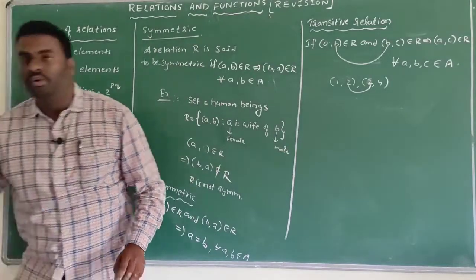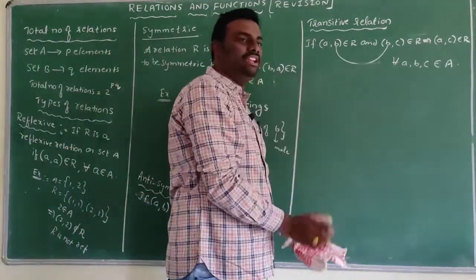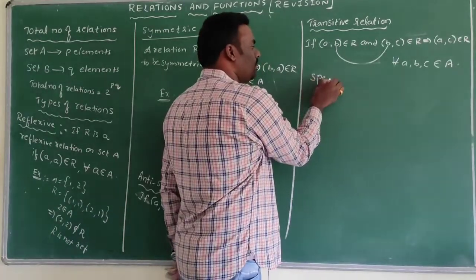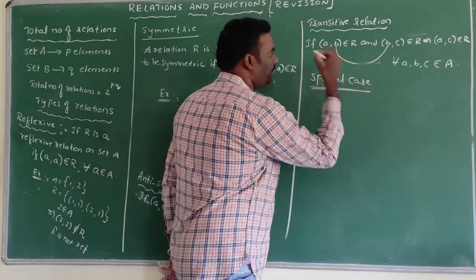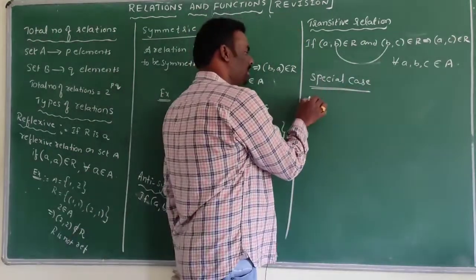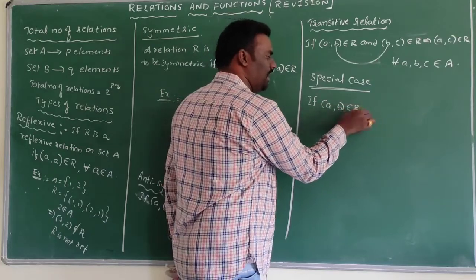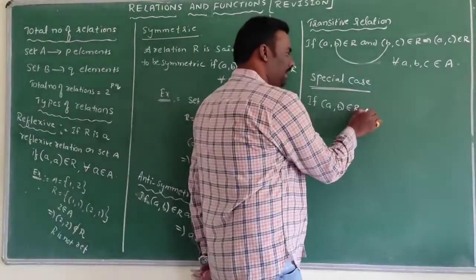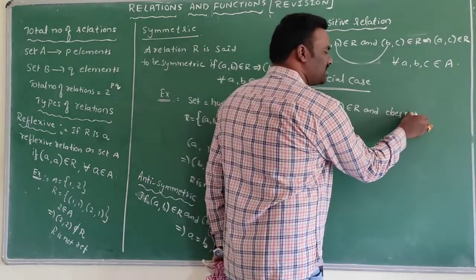But here one special case is there in transitive relation. What is the special case? The first pair (A, B) belongs to R and the second pair does not exist.